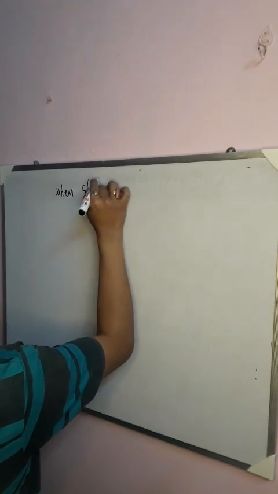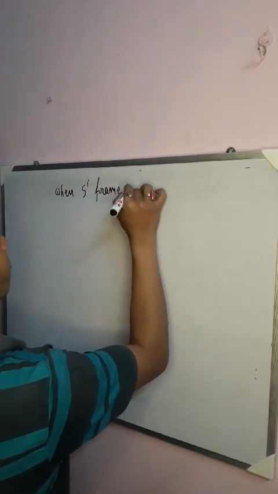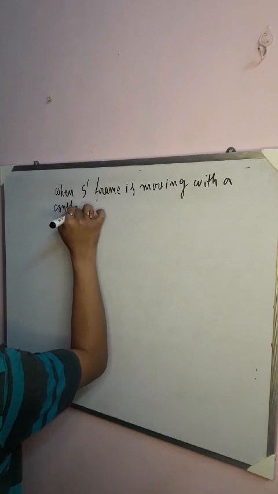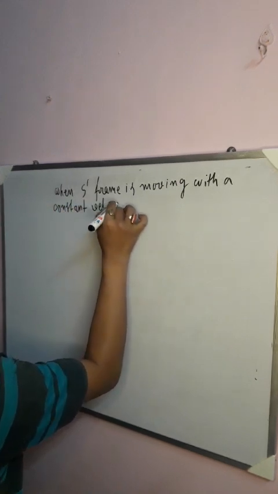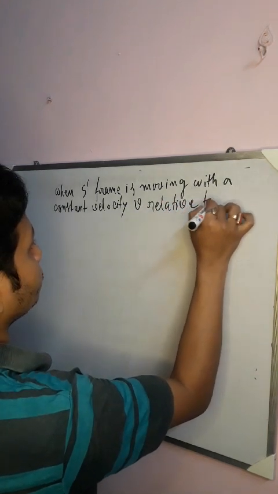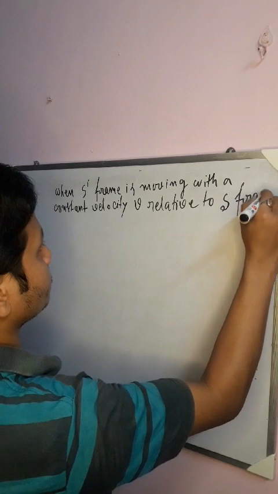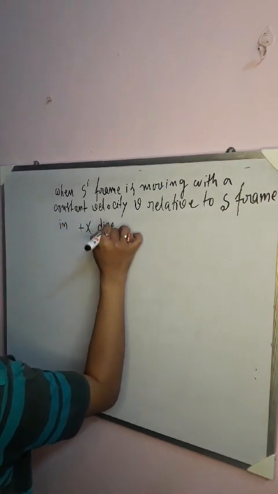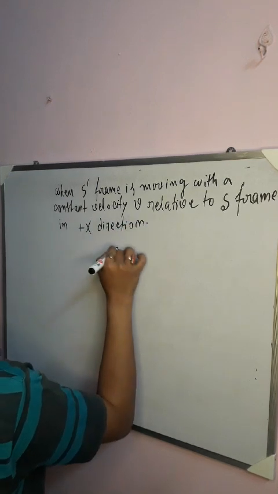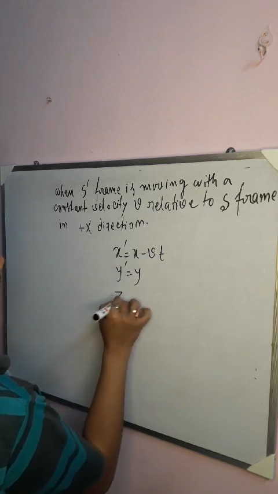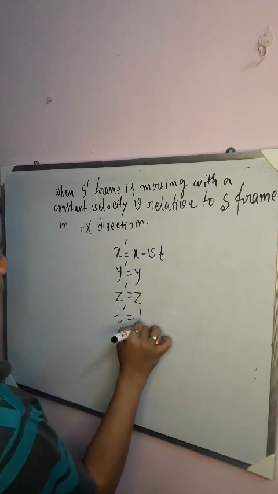When the S dash frame is moving with a constant velocity v relative to the S frame in the plus x direction, then we can write: x dash equals x minus vt, y dash equals y, z dash equals z, t dash equals t.